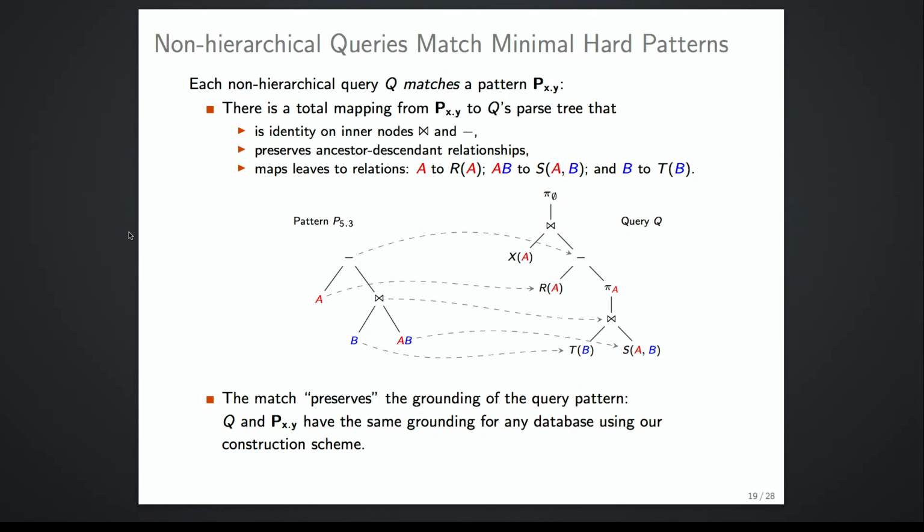And if such a matching exists, then we can show that the query is hard. Essentially, the grounding of this pattern, the lineage of it, would be the lineage of that query, so all other relations are filled in a way that would not disturb the grounding of the pattern.